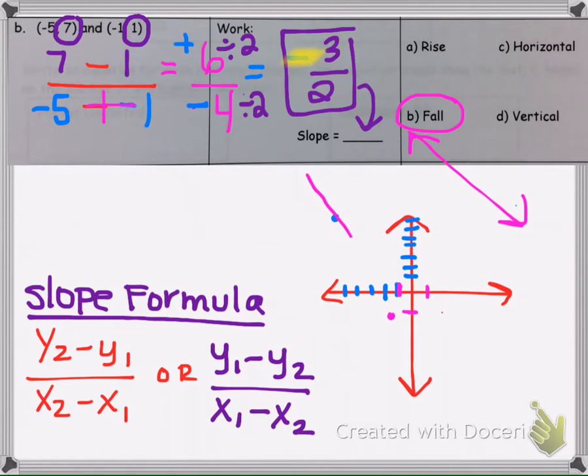And if I were to connect them, you could see that the line is going down. So that's a good way to check if your sign is correct. Oftentimes, students see this negative down here and they don't understand that that makes the whole fraction, the whole slope, negative. So it's negative 3 halves.